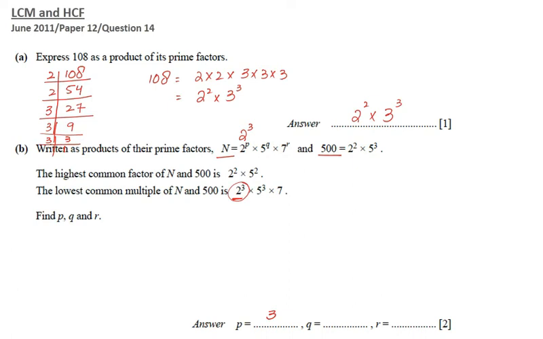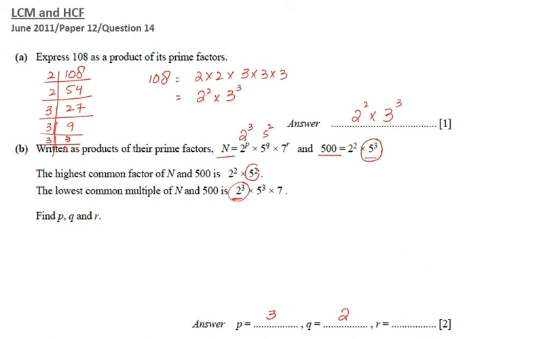If 500 is having 5 cube, the other number must be having 5 square. According to HCF, 5 square is common, so yes, we can take 5 square common from both. And in LCM we are having 5 cube, which is present in 500. If the other number also had 5 cube, then HCF would have 5 cube, not 5 square, because we could take 5 cube common from both. So that's why in HCF we have 5 square and in LCM we have 5 cube, and 5 cube is present in the factors of 500. So the other number must be having 5 square. So the value of q is 2.